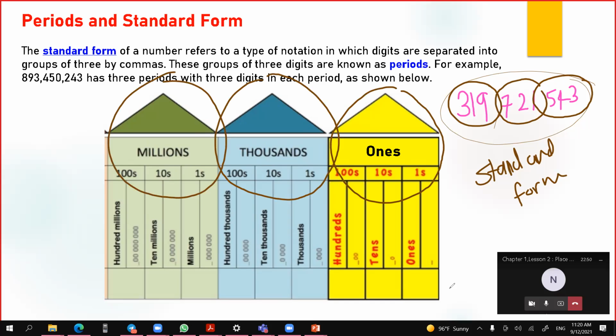And when you want to write any number in the standard form, after each 3 numbers, put a comma. Count 1, 2, 3, comma, 1, 2, 3, comma. Between each 2 periods, we have to write a comma. Got it? Okay.